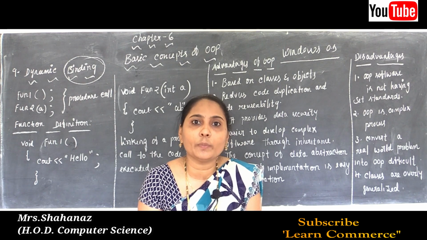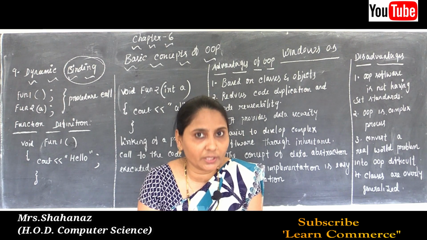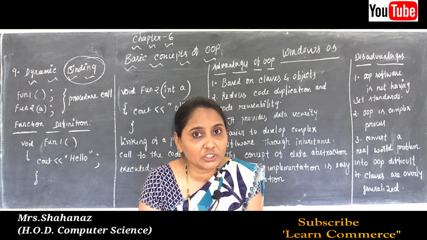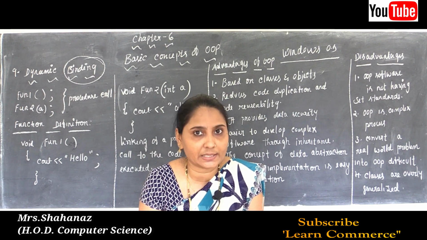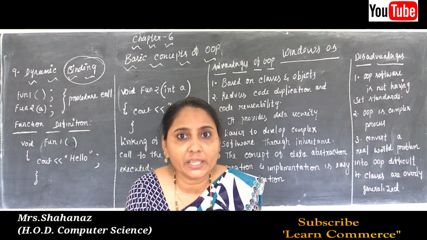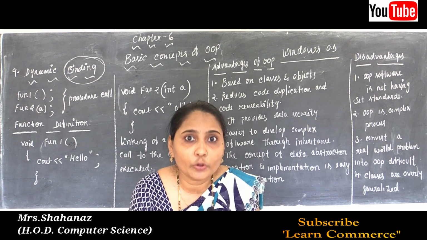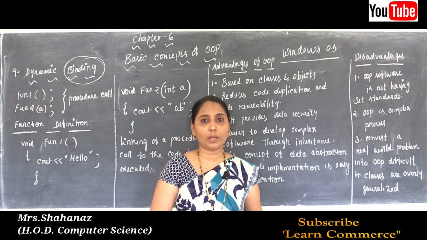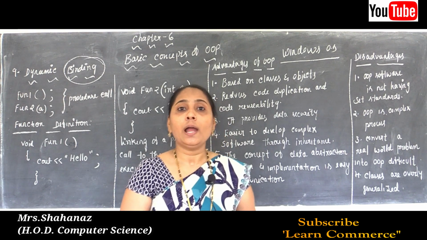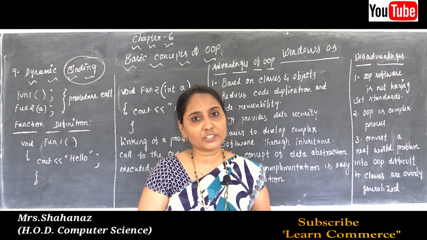Simulation, you know, is statistical calculation. Also for artificial intelligence and robotics we can use it. And finally for real time systems. Maybe you want a very quick result, you can use the object oriented programming concept. It is also helpful for military applications and telephone exchanges.